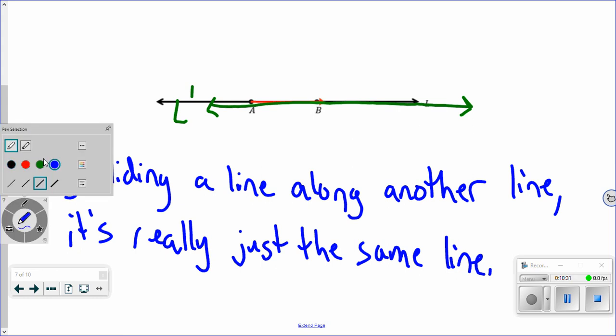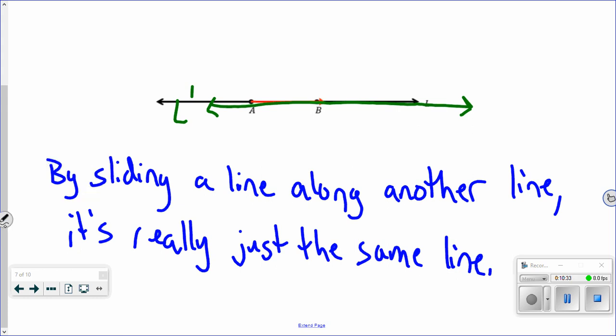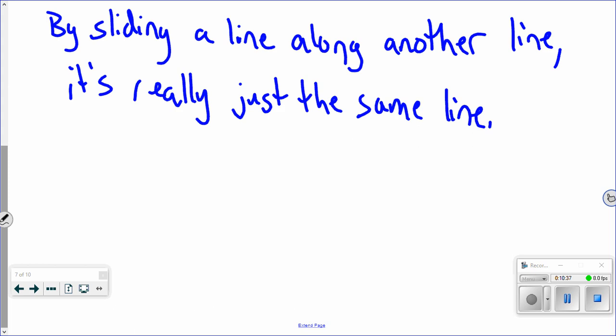Which brings us to another definition. Hopefully we're putting all our definitions in our glossary. This definition is called coincide. Coincides.